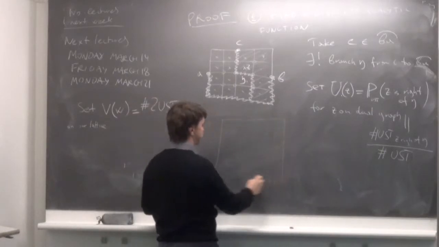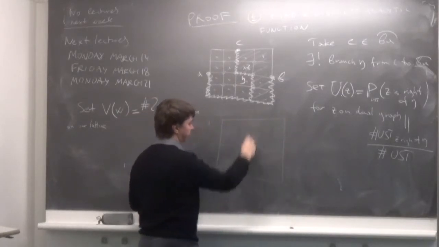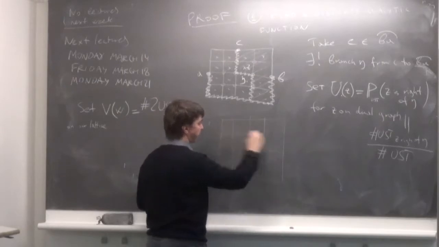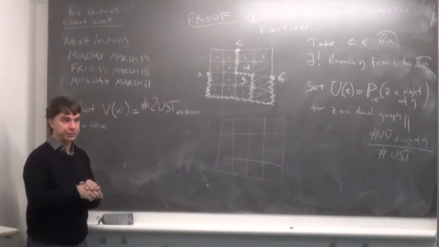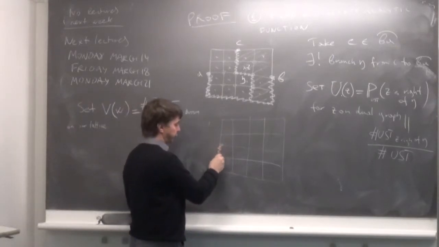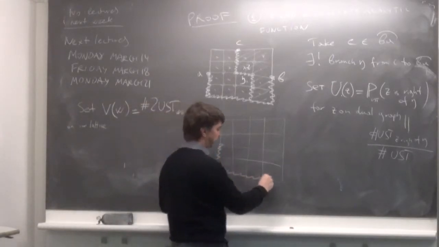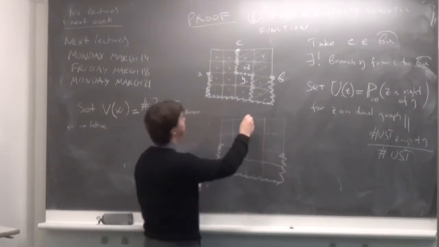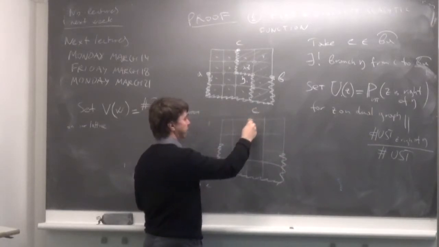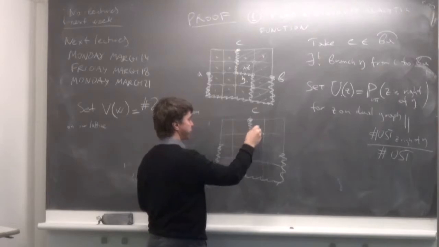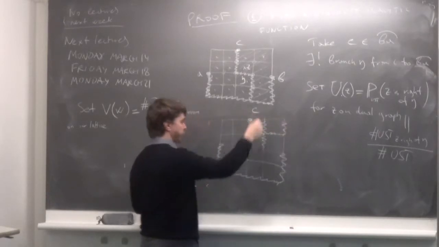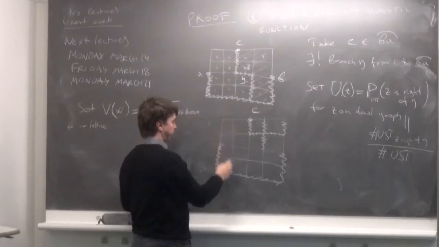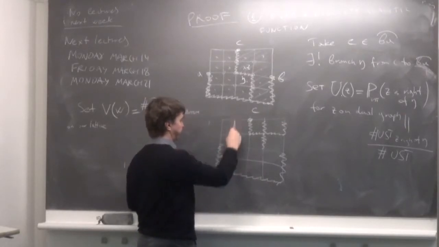So I now consider a slightly different model. I consider a forest which has two trees, and one tree is rooted at point C, and the other tree grows from the bottom.